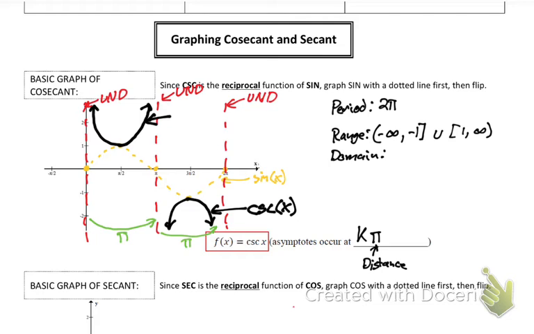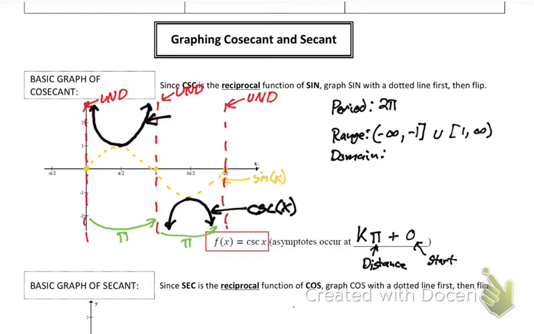We do need one more step. I need to add the location of the first vertical asymptote. I'm just going to say, where does it start? It would be 0. So we're just going to say plus 0. So it wasn't really needed on this one.